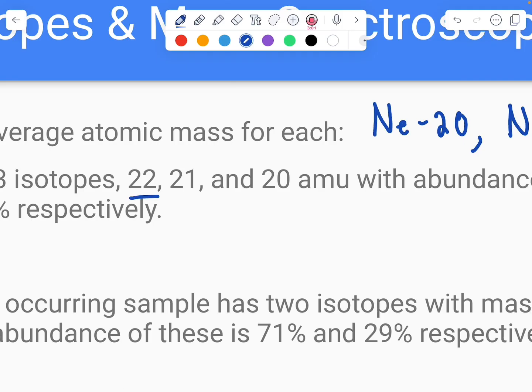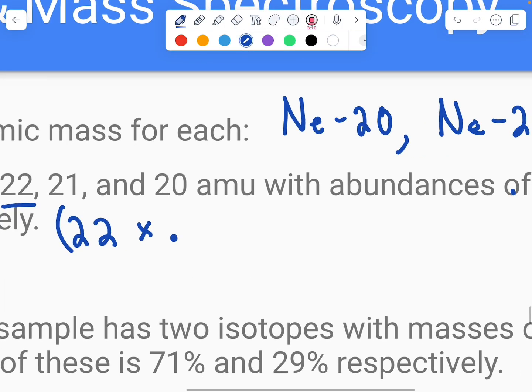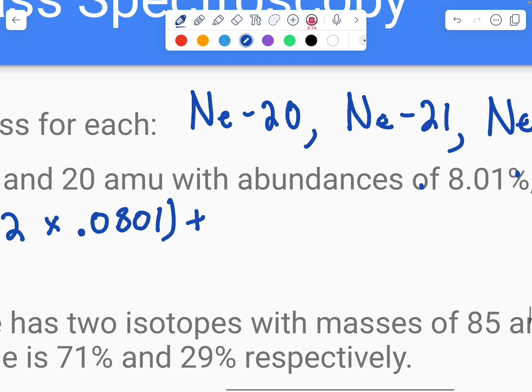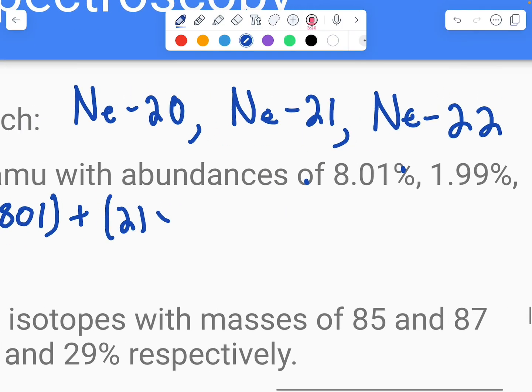We're going to do 22, in parentheses, and multiply that by the percent, which is 0.0801. We're going to add that to the next one, 21, because that was our second isotope. We multiply that by, moving the decimal 2 places, 0.0199.